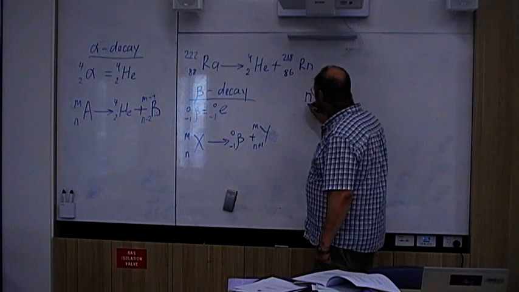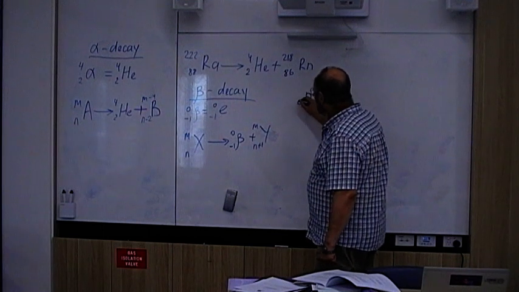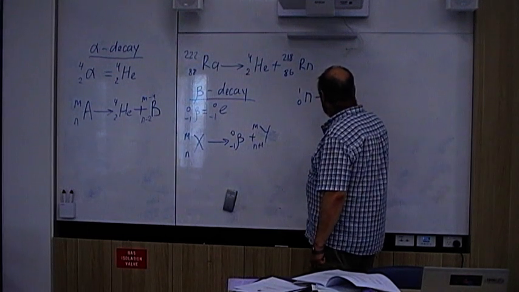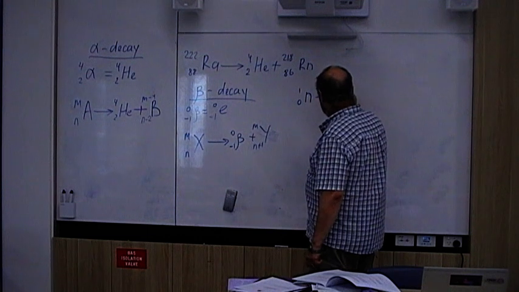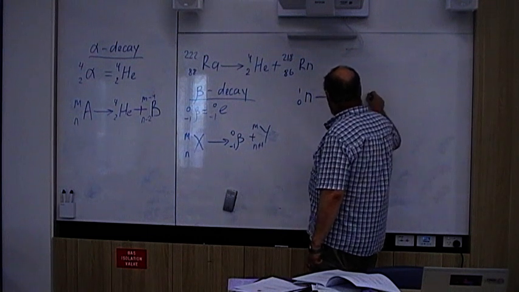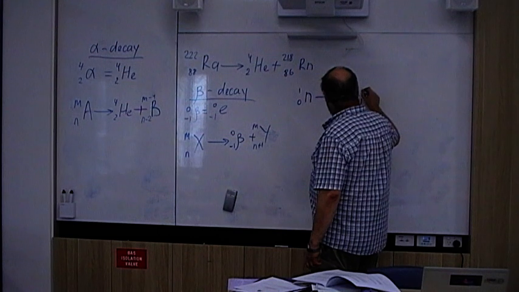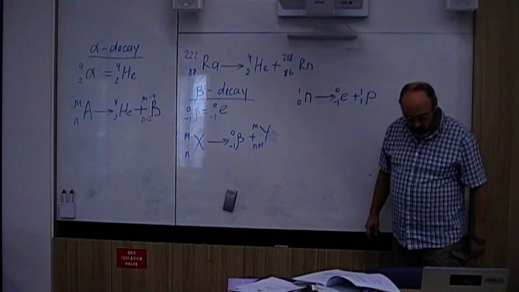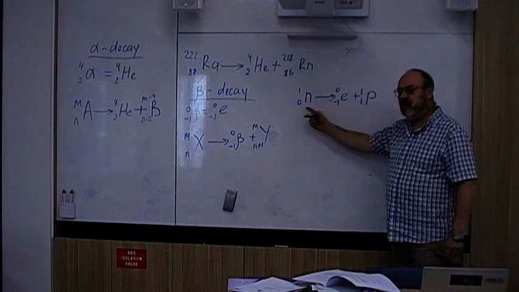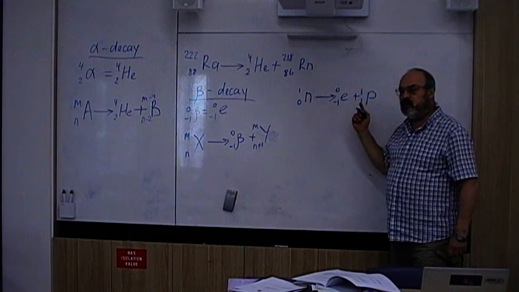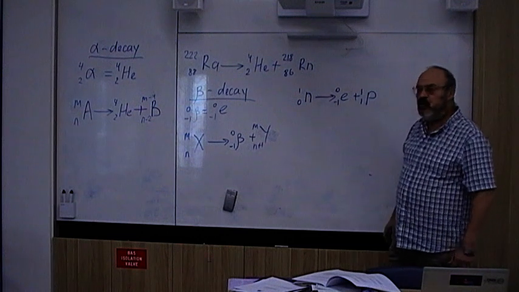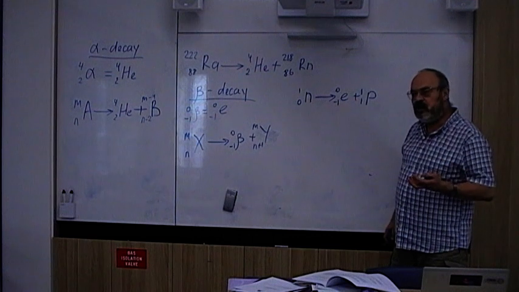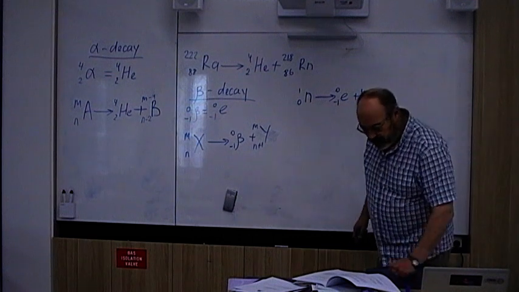We have a neutron, 0, 1. We have an electron ejected, minus 1, 0. And a proton left. So we have no change overall. The atomic number has to be conserved, and the atomic mass. So when we have beta decay, one of the neutrons transforms into a proton.